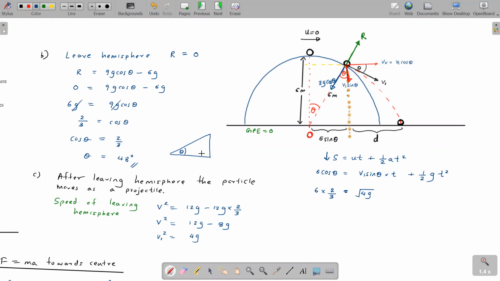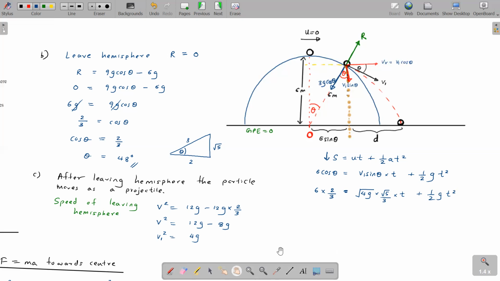You can use sin squared plus cos squared equals 1, or you can use this technique: cos is adjacent over hypotenuse. So that's 3 squared minus 2 squared, 9 minus 4, that's root 5, right? Agreed? So sin theta is opposite over hypotenuse, that's root 5 over 3, into t plus half g t squared.